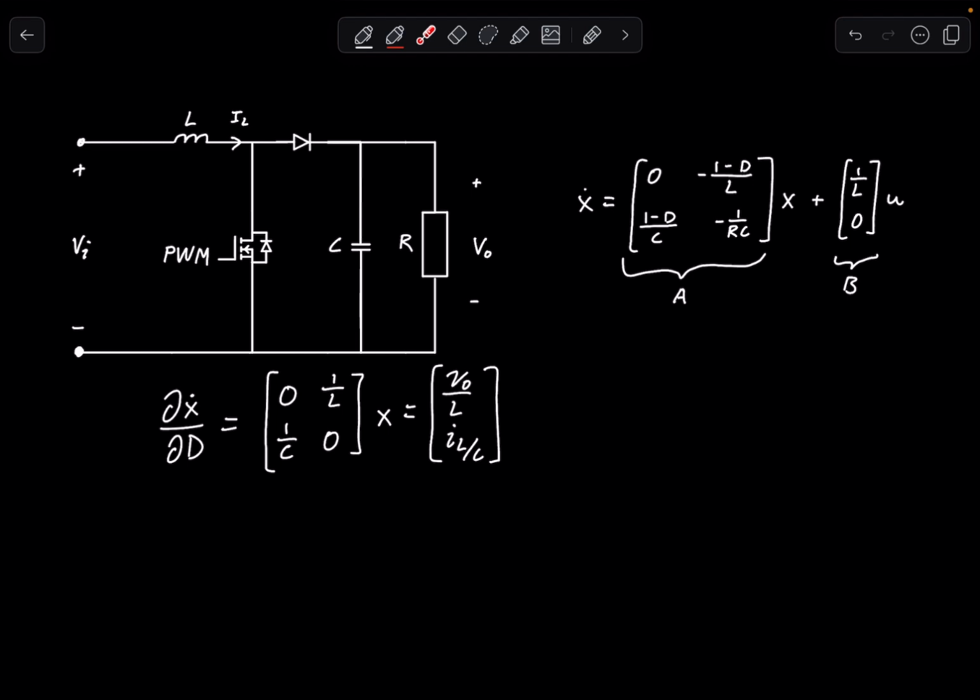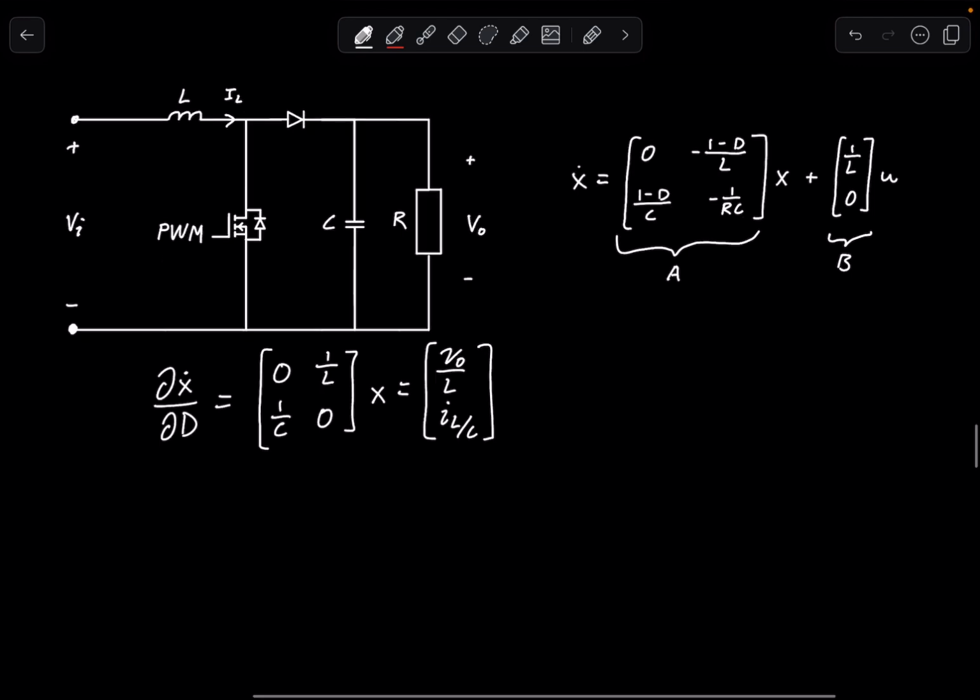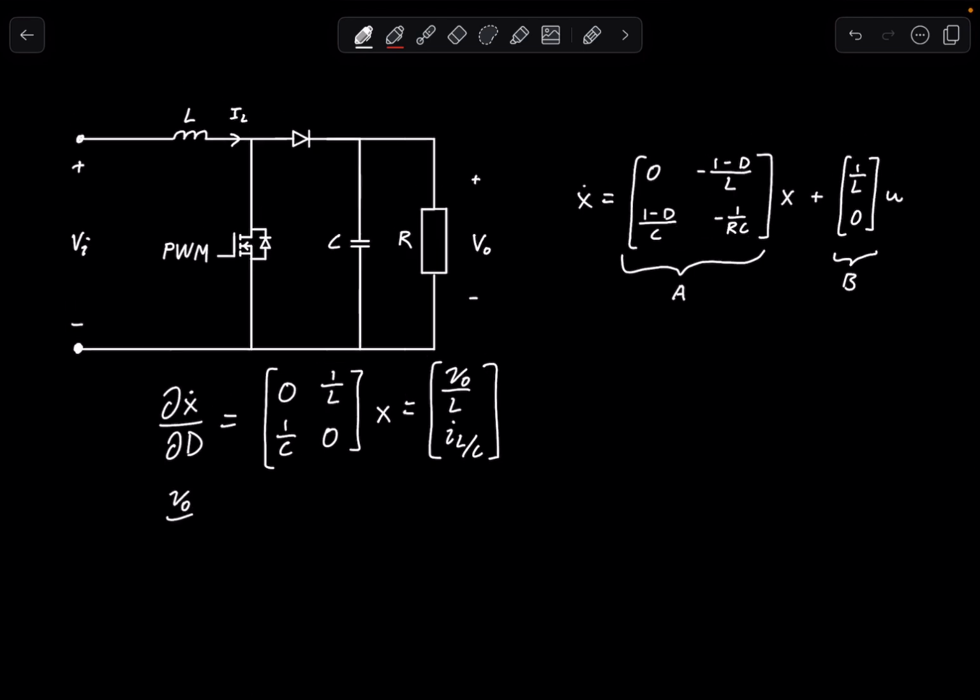So when we're linearizing around the equilibrium point, we can substitute the VO and IL for some constants. We know that the gain of the boost converter, VO over VI, is equal to 1 over 1 minus D.